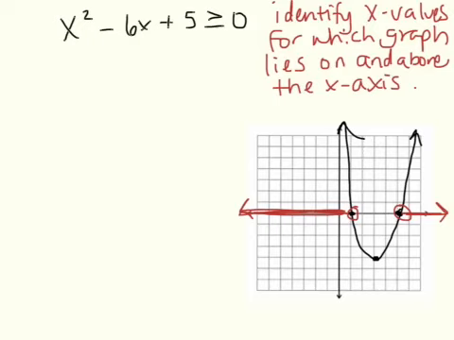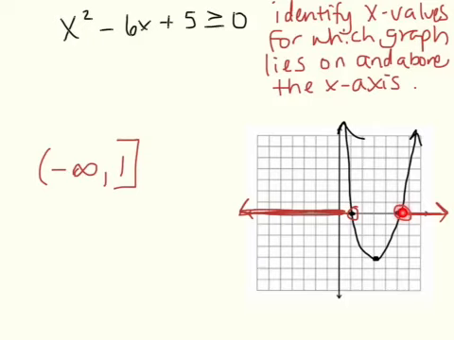So in this case, we have a very different answer. My graph is on or above the x-axis from -infinity until I get to 1. And it's a bracket because it's equal to, so it's actually going to be included. And then nothing here. It skips here because this is where my graph is below the x-axis.